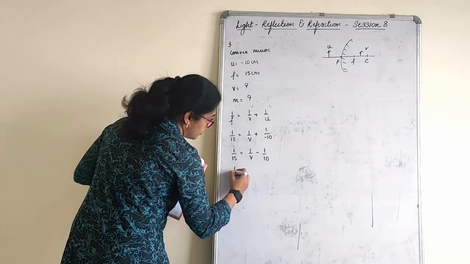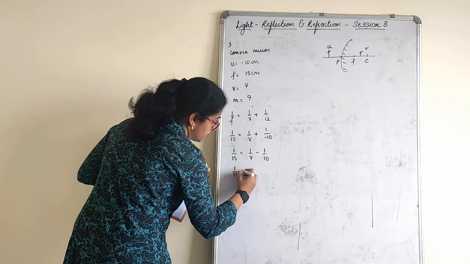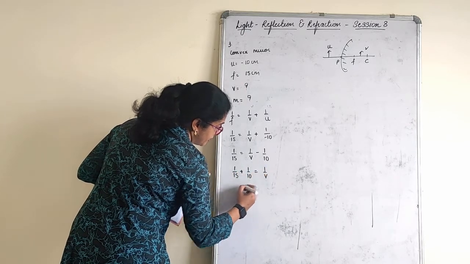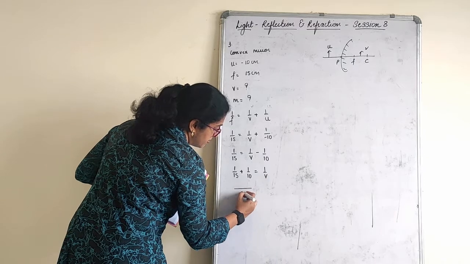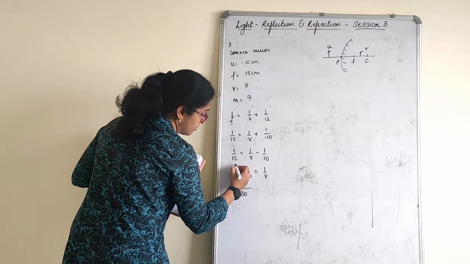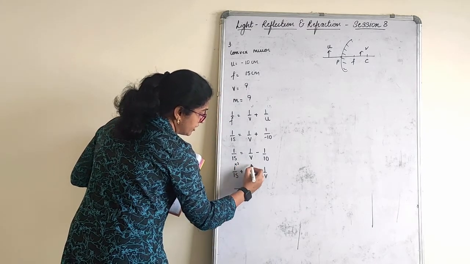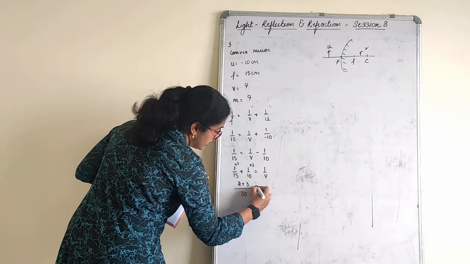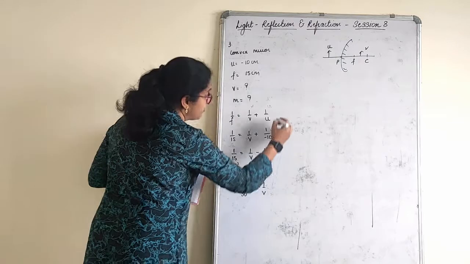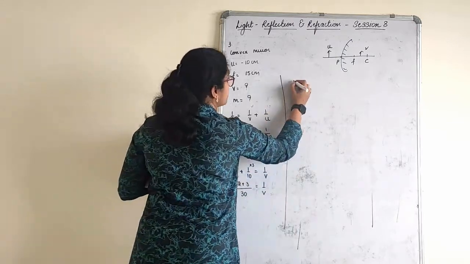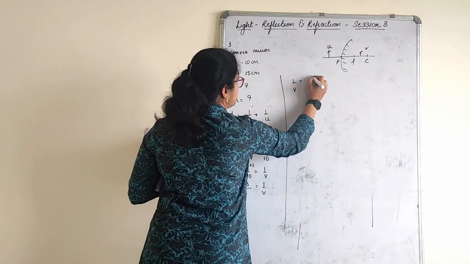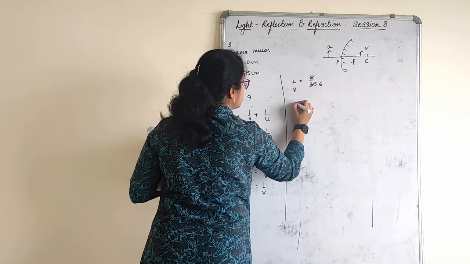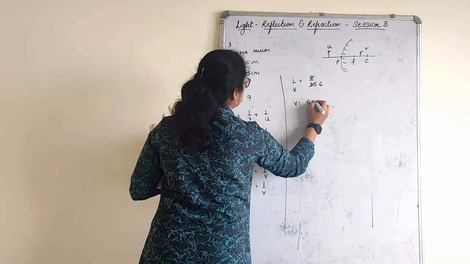Now transpose it. 1 by 15 plus 1 by 10 is equal to 1 by V. The LCM of 15 and 10 is 30. Just now we had done it, the previous sum. 15 twos are 30, 10 threes are 30. 2 plus 3 is equal to 1 by V. 1 by V is equal to 5 by 30. 5 ones are 5, 5 sixes are 30. V is equal to 6 cm.